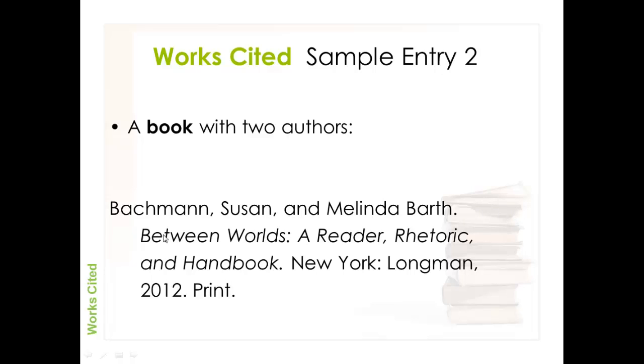Name of the book italicized, Between Worlds, A Reader, Rhetoric and Handbook, period. City of publication, New York, colon, the publisher, Longman, the date of publication, and then what kind of source it was, print or web. If you notice, they all follow the same pattern. And that's the pattern that you want to be consistent with.